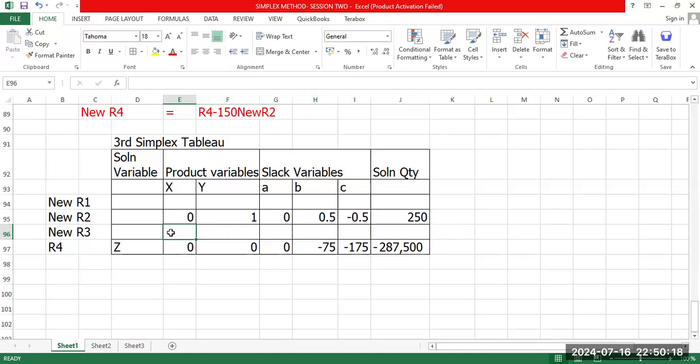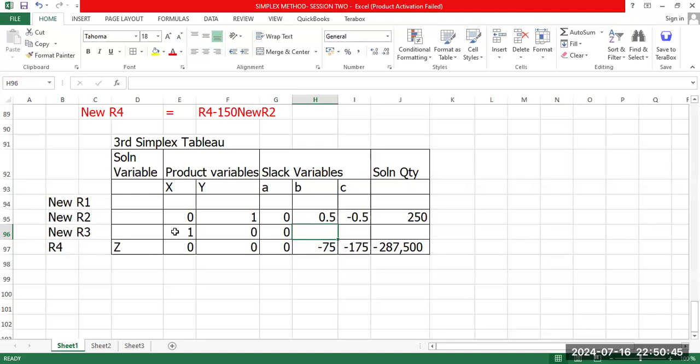For new row 3, someone tell me. Come on. We have 1, 1, 1. Zero. Yes, 0. Yes.